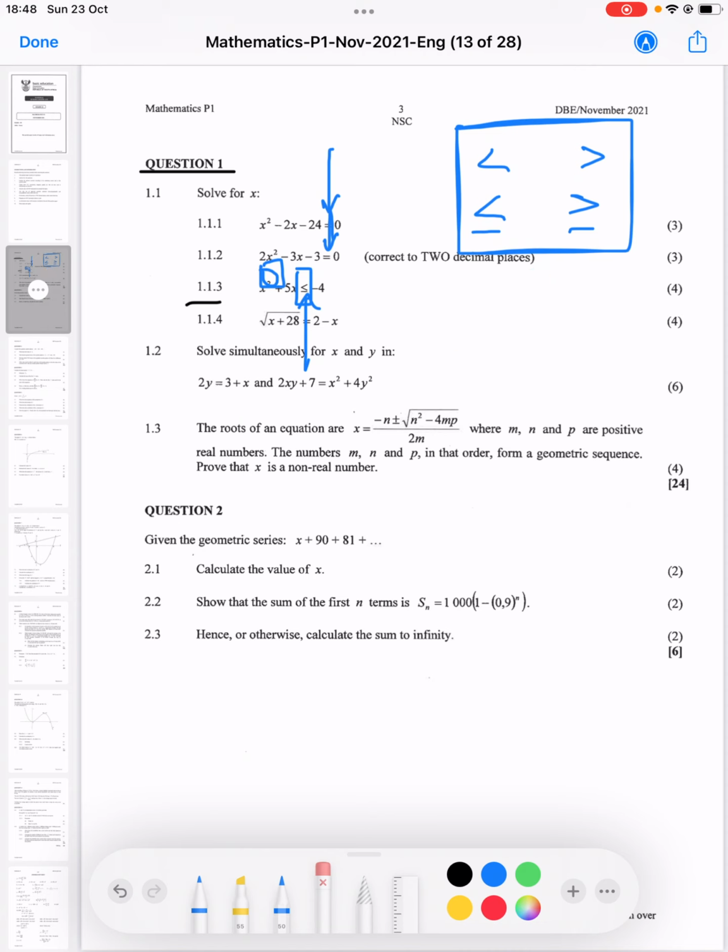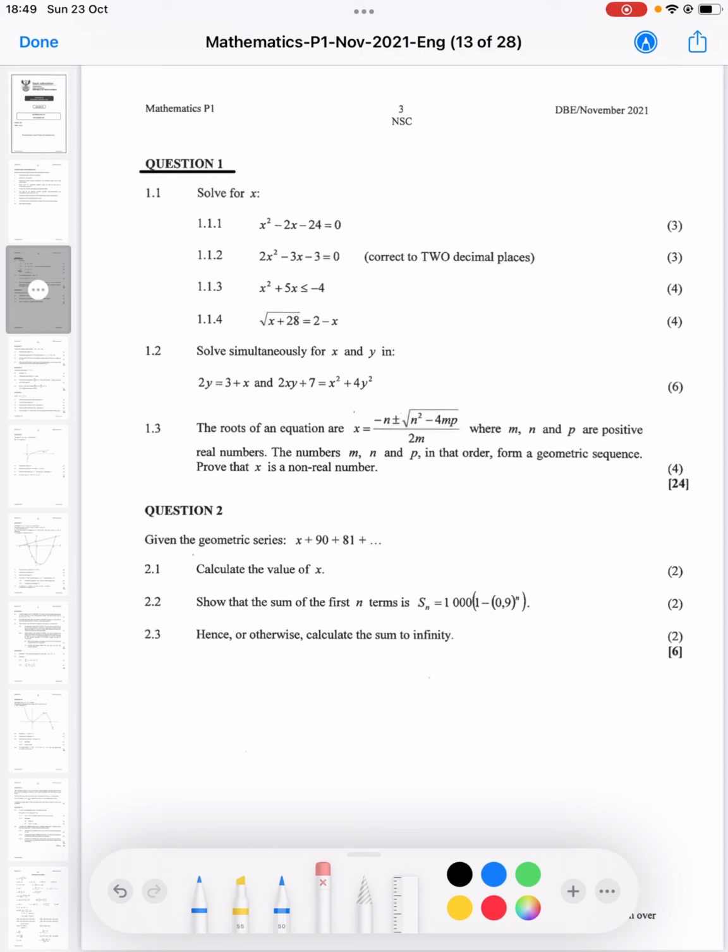So someone is wondering, what if it doesn't have the inequality sign? What if it doesn't have the equal sign also? That one is called an expression. It doesn't have an equal sign, it doesn't have an inequality sign. So that is where you simplify when you are given an expression.